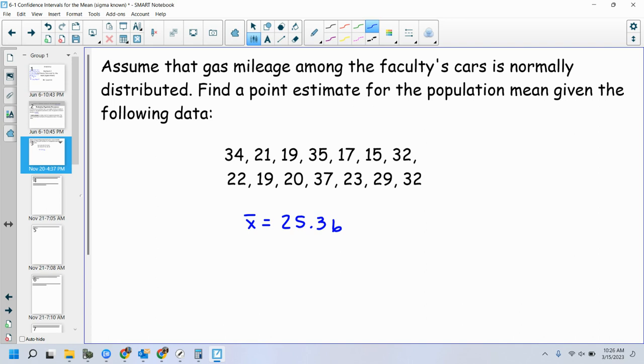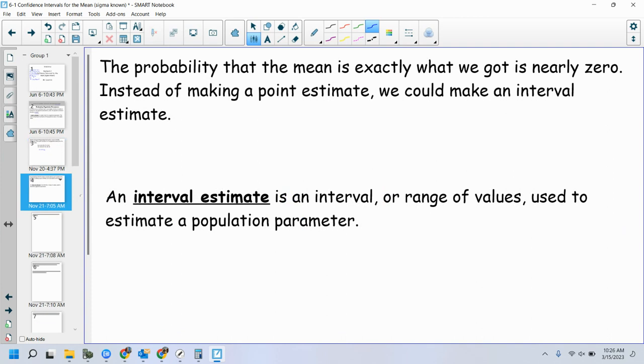As long as my sample is random and representative, I would say that's probably going to be pretty close to my population mean. The probability that the mean is exactly what we got is nearly zero, right? It's a very, very small chance that the population mean is exactly equivalent to a sample mean.